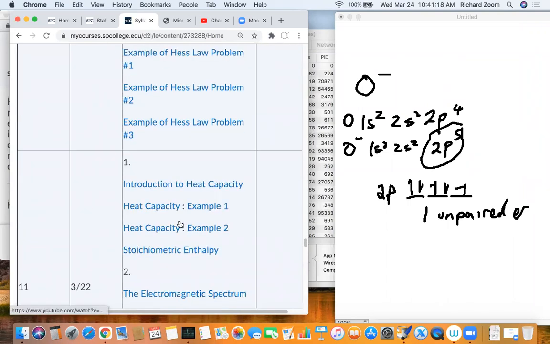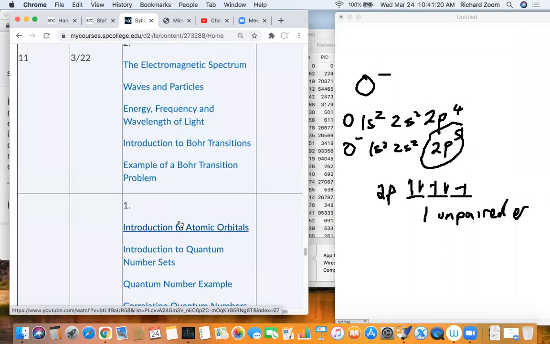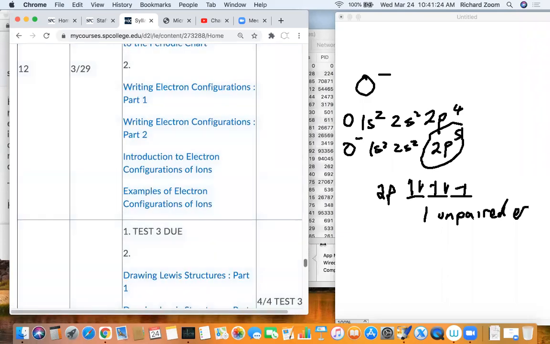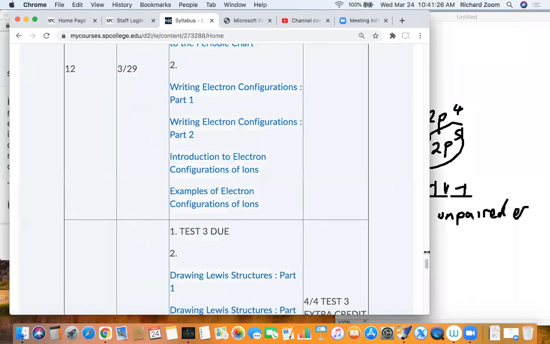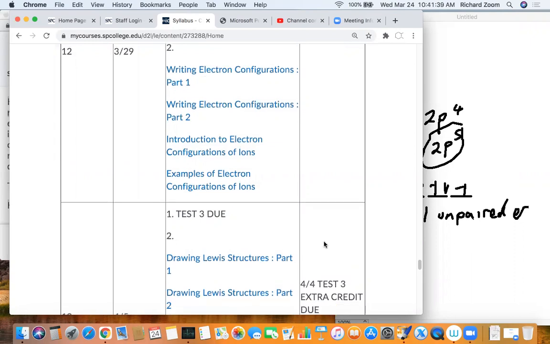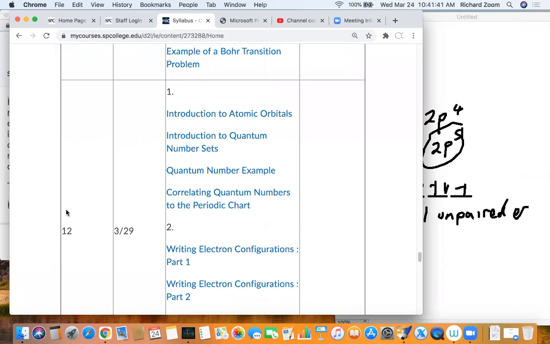So we're looking for, let's see. Yeah, so test 3 is actually not due until 4/5. So we've got a little bit of time here. I'll have time to go back and take a look at these on Monday and Tuesday of next week, which is the week of 3/29.